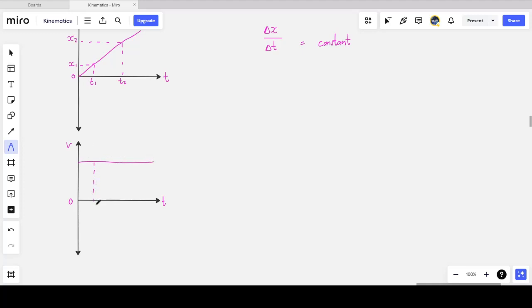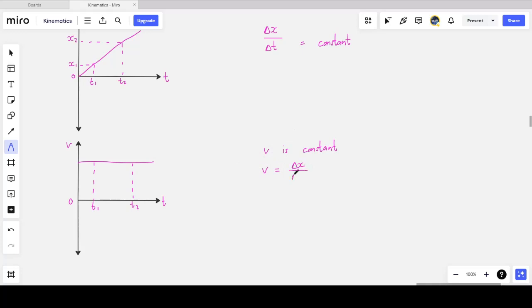Whether I'm at time t1 or at time t2, my velocity just remains some value v. So v is constant. Now be very wary: if you look at a constant velocity-time graph, it may look like the object is stationary, but it's not. It's just moving at constant velocity. Every moment in time it's getting further from where it was in the previous moment.